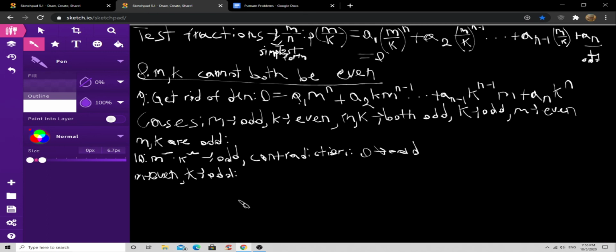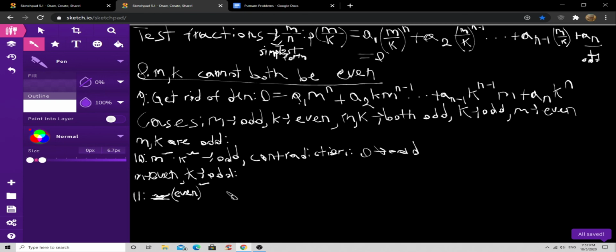So let's see here. If m is even, let's make a claim here. So m is even, an even number to any power, and so some number times even to the whatever power.